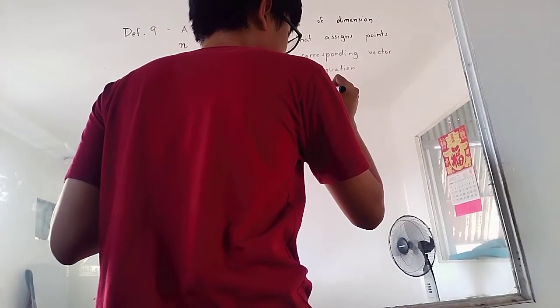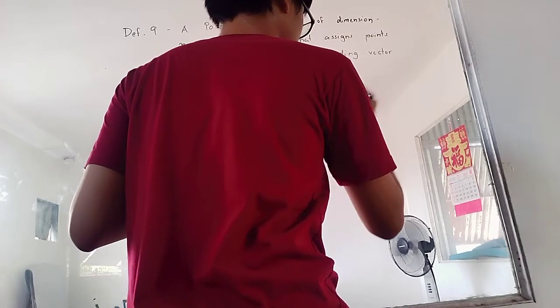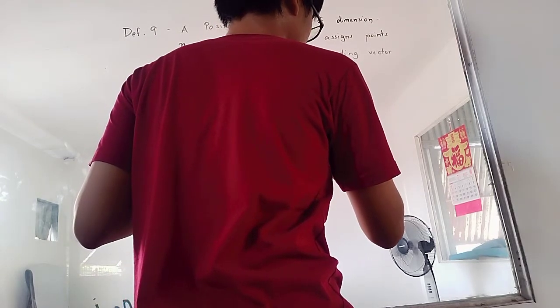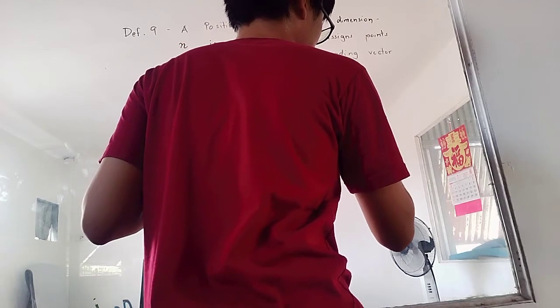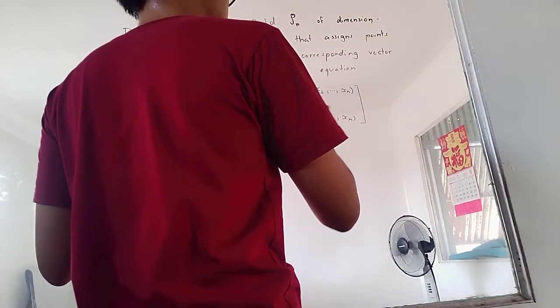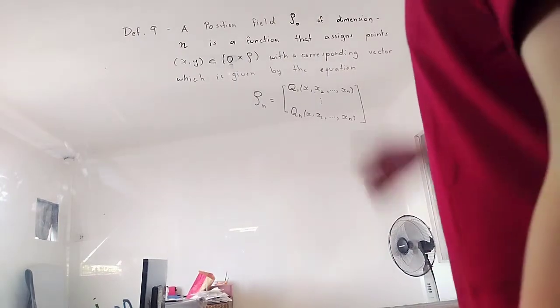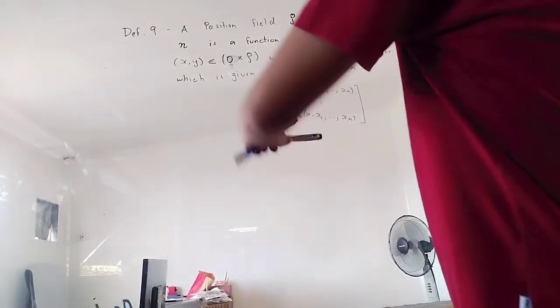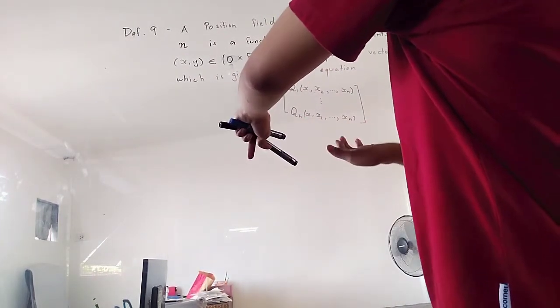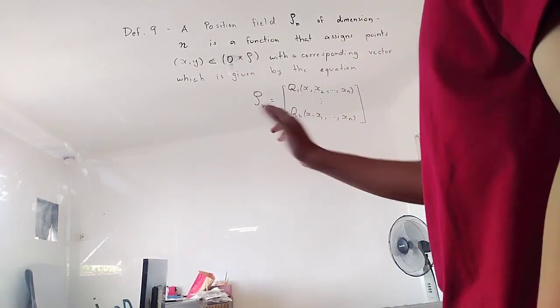It's x2, xn. Okay. So our Pn is of dimension n. So we have n variables in our subfunctions, or the functions that make up Pn.